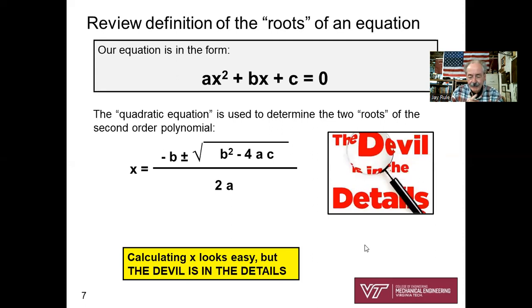Then you're dusting off the cobwebs and you say, yeah, I remember, if I've got my polynomial equation in this form, I should be able to rattle off the quadratic equation. x equals, basically a formula, negative b plus or minus the square root of b squared minus 4ac, all of that numerator divided by 2a.